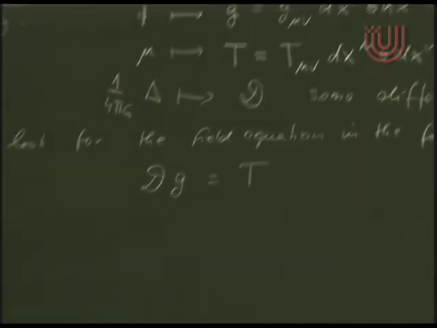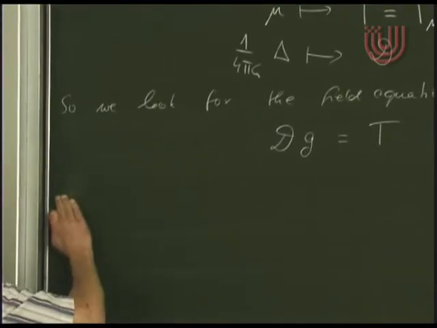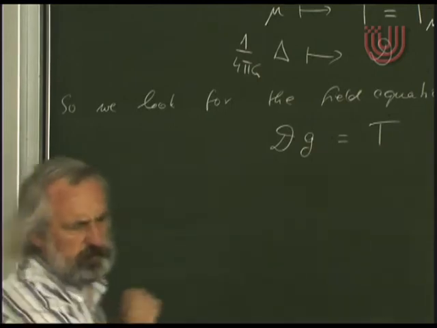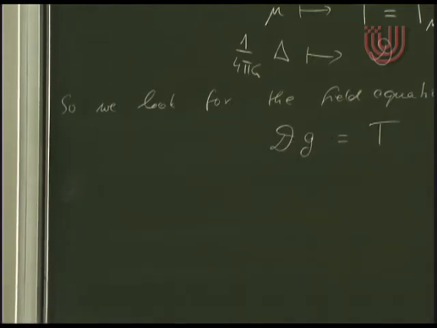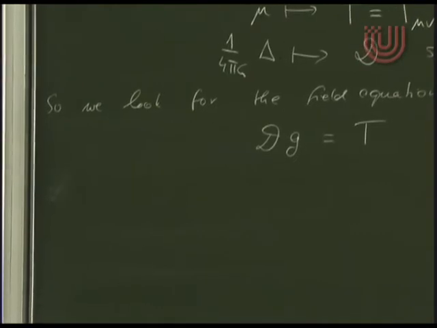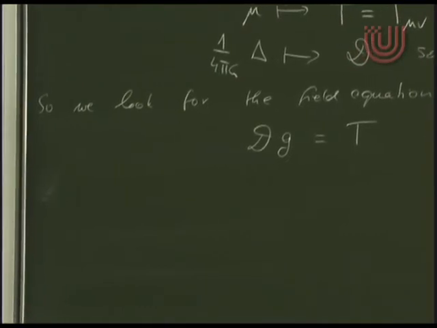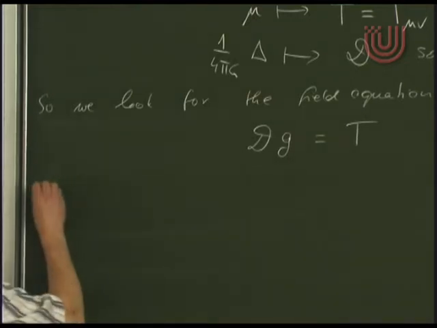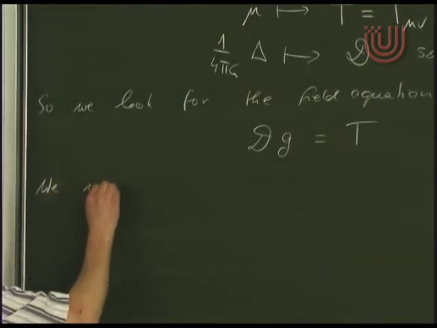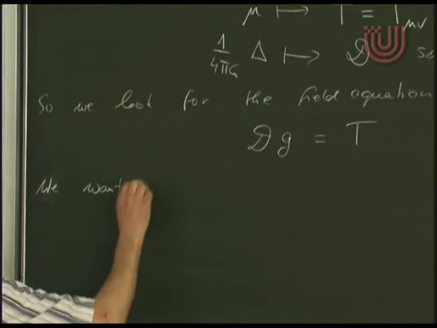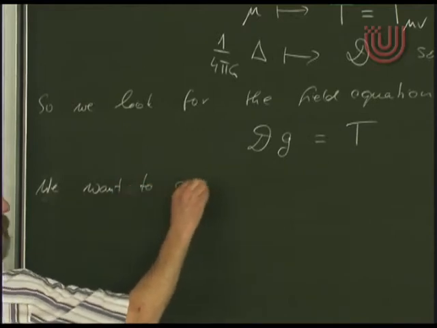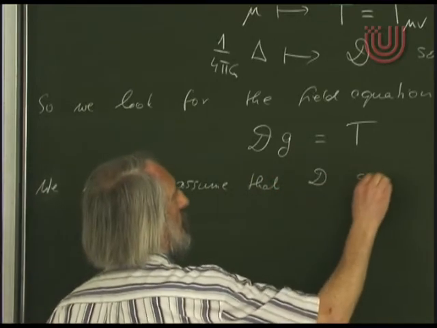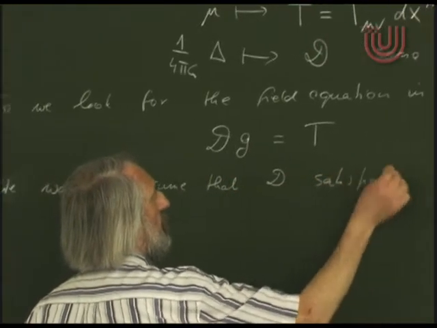Let me write these, how do I want to call these, L1 and L2? So we want to assume that D satisfies two properties.